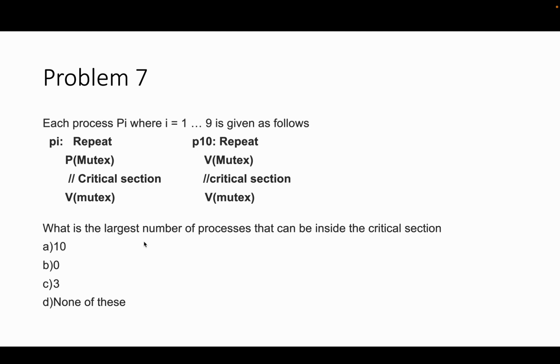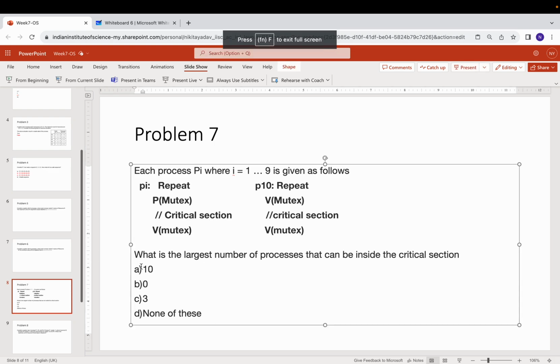So all the processes from P1 to P10 can get inside the critical section at the same time, because process P10 can repeatedly execute, and on every execution it does an up operation, so if a process is blocked, it will be able to enter. So the largest number of processes that can be inside the critical section here is 10. So the answer here is 10.